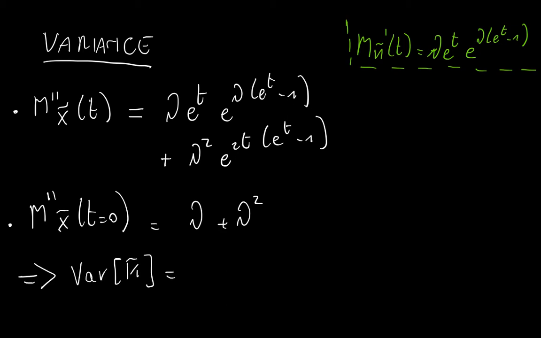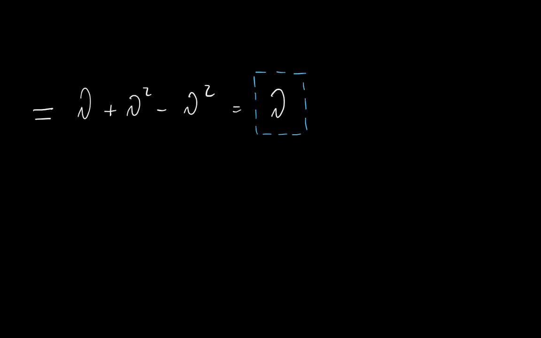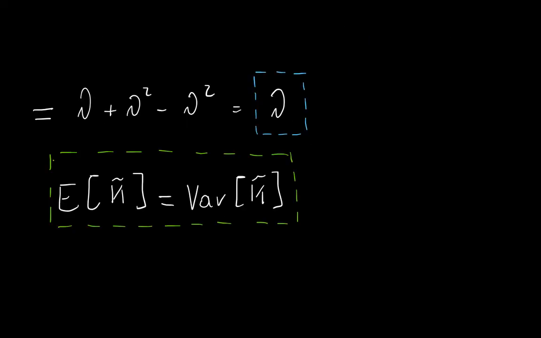Then we know that the variance of a given random variable k can be derived by taking the difference between the second moment of the random variable of interest less the first moment to the power of 2, and therefore we get that the variance is equal to the mean. But this applies only in theory.